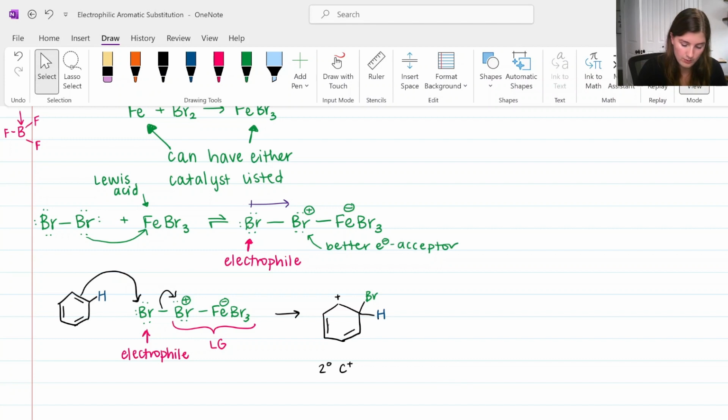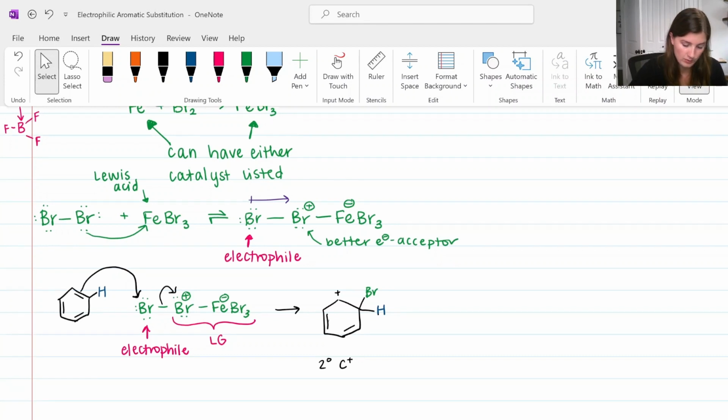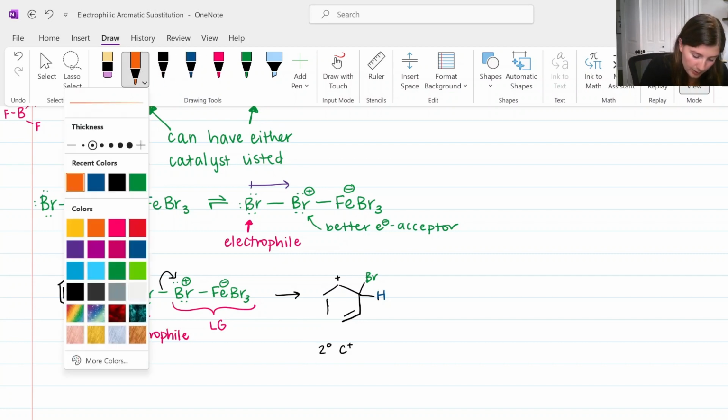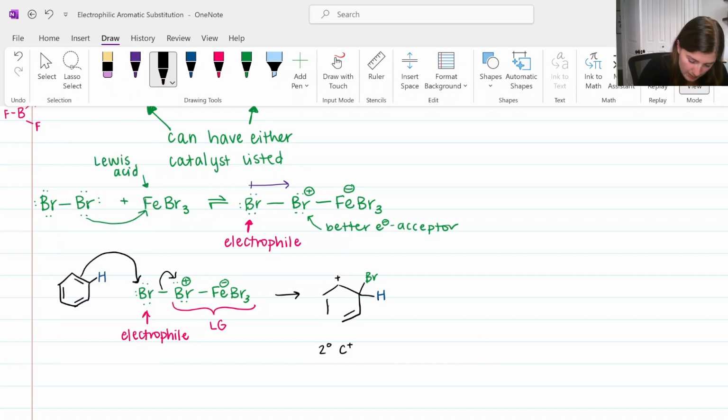So let's draw the resonance structures, and we'll draw that underneath here. I'll just do this in purple to help distinguish that this is not part of the mechanism, but it is showing the resonance that's possible for this intermediate. And essentially what we can do is shift around the pi bonds. So let me redraw it over here. We'll use our resonance brackets.